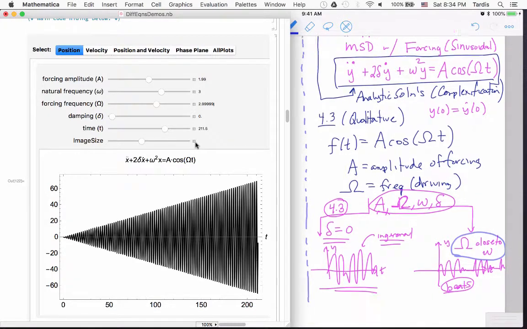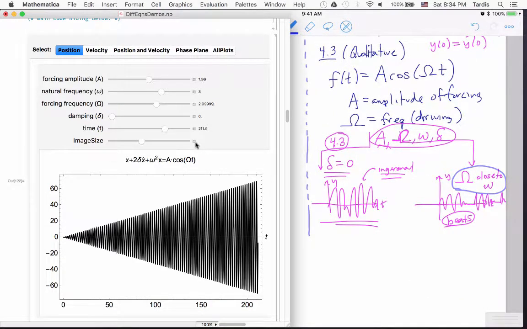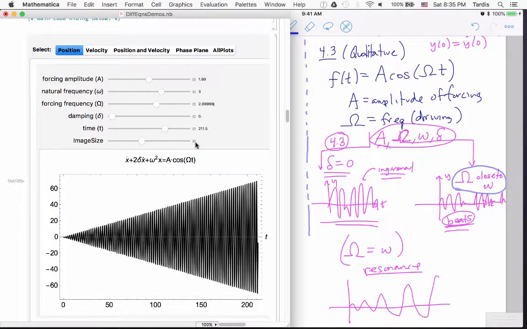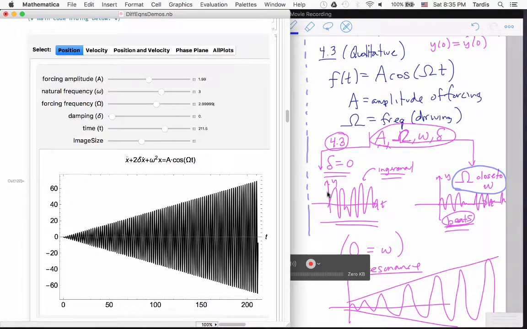That is the other case that can happen. When the forcing frequency is close to omega, you get beats. But when the forcing frequency is equal to the natural frequency, this is the case called resonance. The oscillations get larger and larger, and eventually they get too big, and you can break your mass spring system at that point.